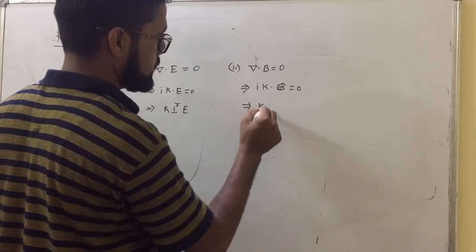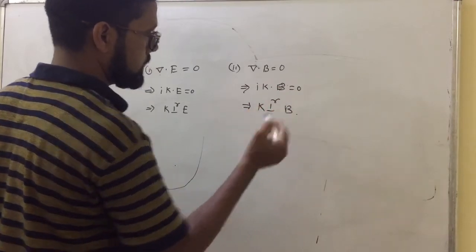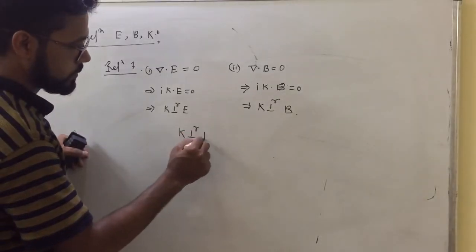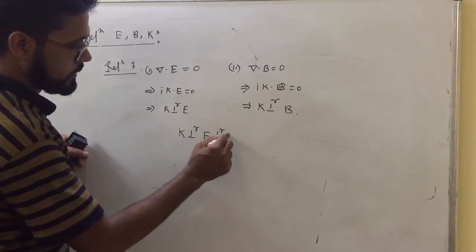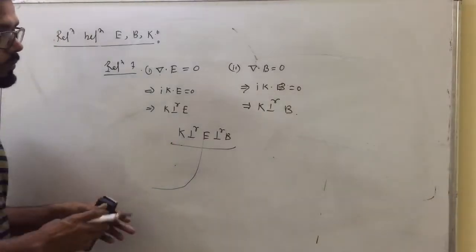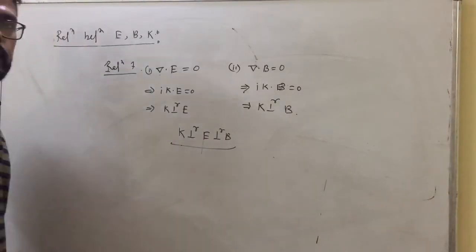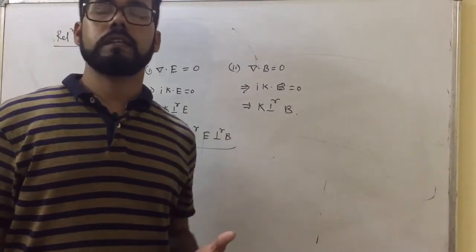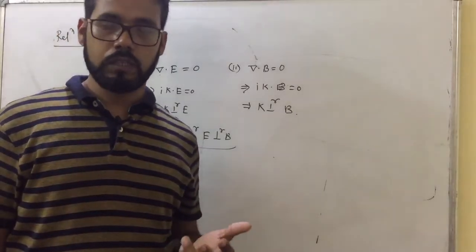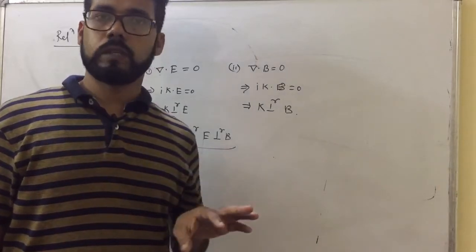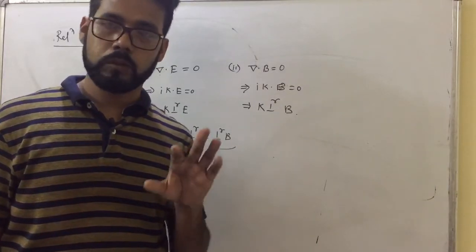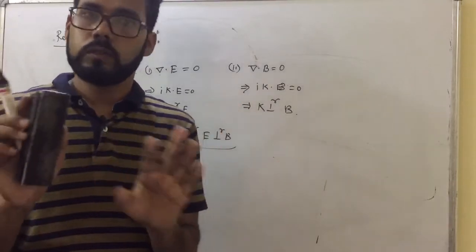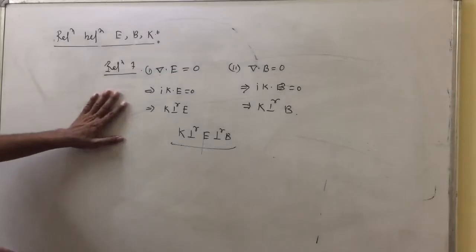That means k is perpendicular to B. From these equations we can conclude that k is perpendicular to E and B. From relation 1 I can understand that in an electromagnetic wave, the three variables, electric field, magnetic field and propagation vector, are all mutually perpendicular to each other, like the Cartesian coordinate system x, y, z. That is relation number 1.